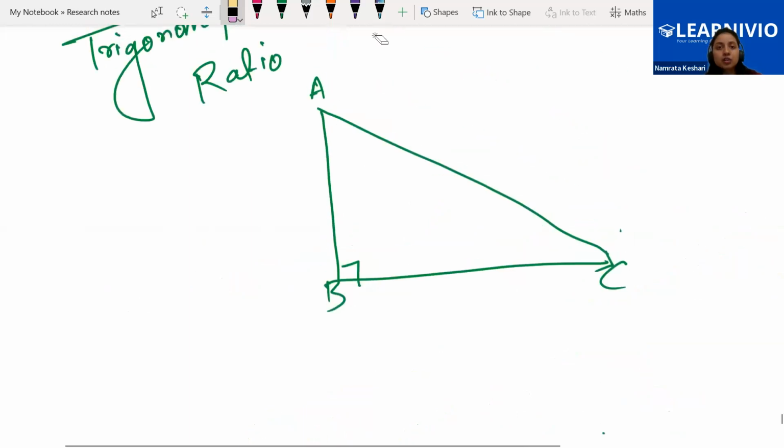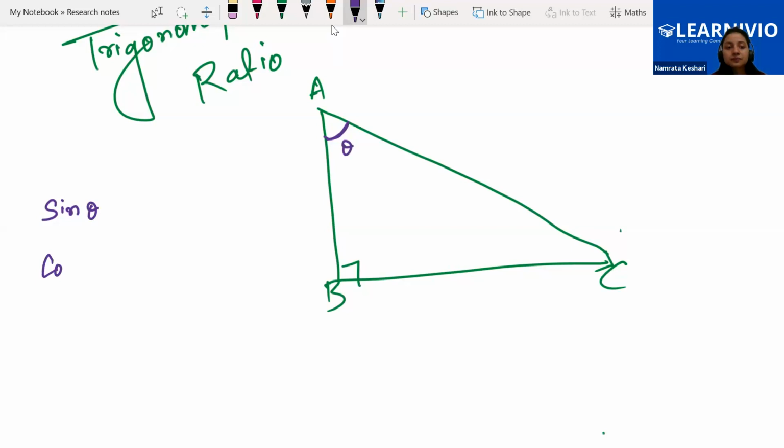Okay, so the first rule is, we are having a sine angle. You can take any angle. Suppose I am taking this angle as theta. Okay, sine theta, or you can take it as sine of the given angle. Angle you can take A, you can take angle B or C, whatever angle. I am writing angle as theta.